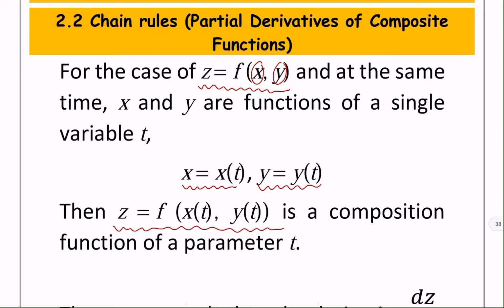So this one is a composition function of a parameter t. You should remember that this is different from before. In the previous video, we looked at z equal to f(x,y) only, meaning that the function is in terms of x and y only.